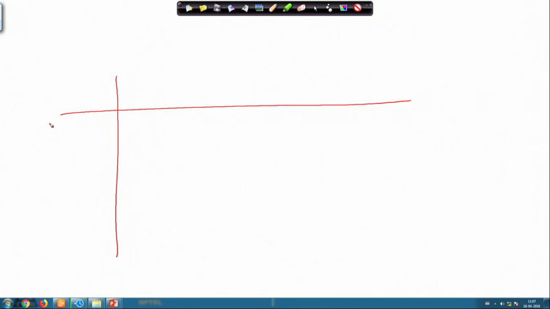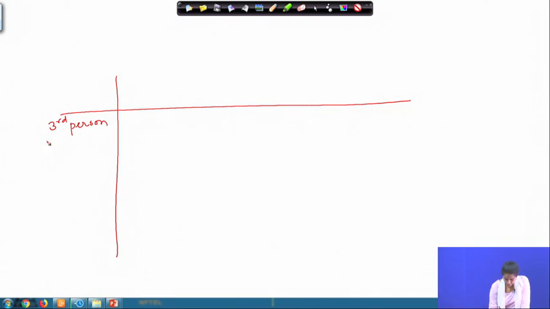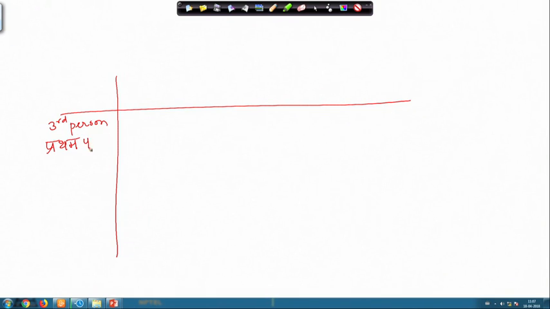So in Sanskrit, we start with the third person, which very paradoxically is called the Prathama Purusha. I'll try and just write that for you neatly once.